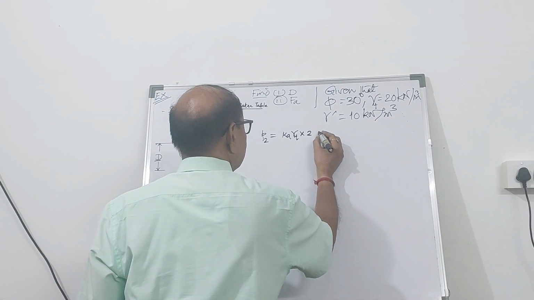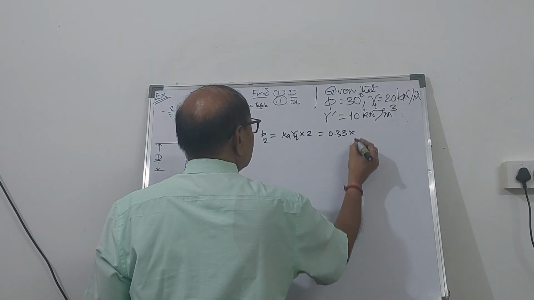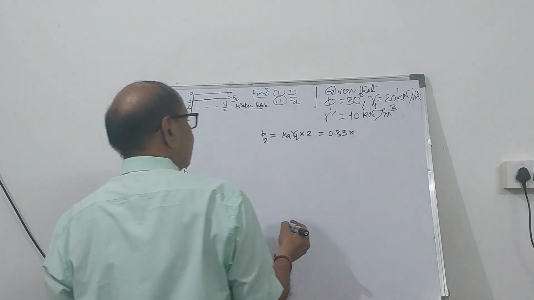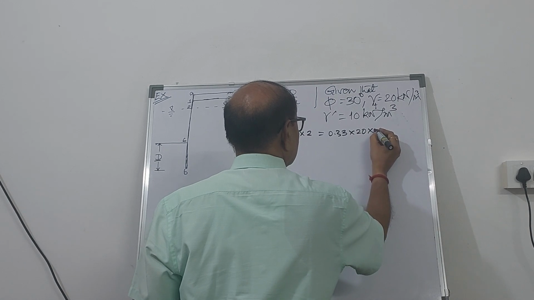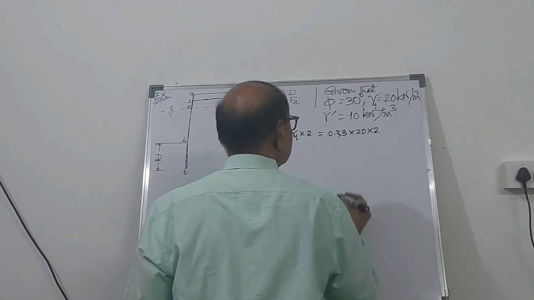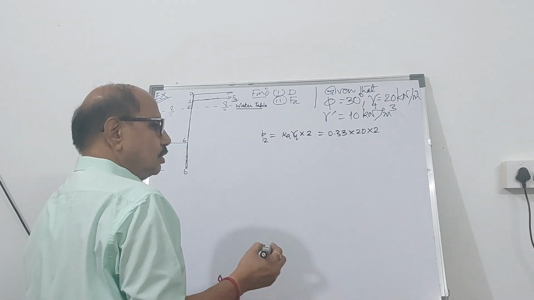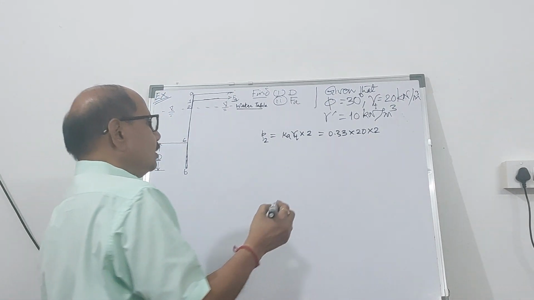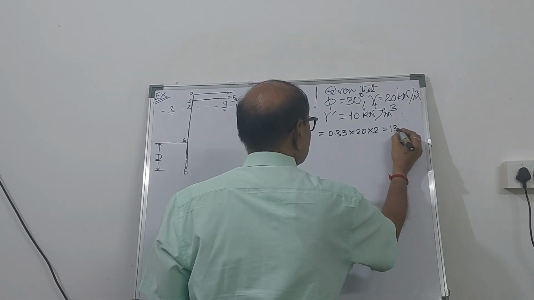And K is 0.33, 1 by 3, and gamma T is given to you as 20, so this gives you 13.33 kilopascal.